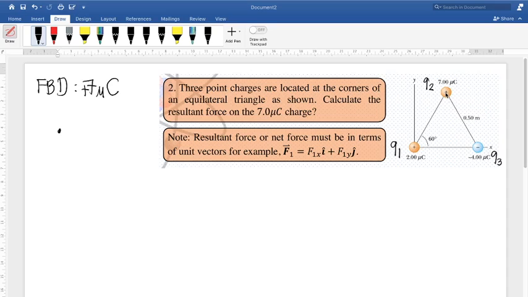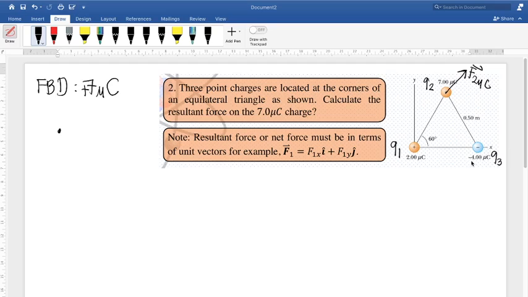So the force exerted by it is in that direction. Remember also that the force exerted by the 2 microcoulomb charge must be along the same line of interaction, as you can see here. Although it is not a straight line, just like I said, it must be along the same line of interaction.